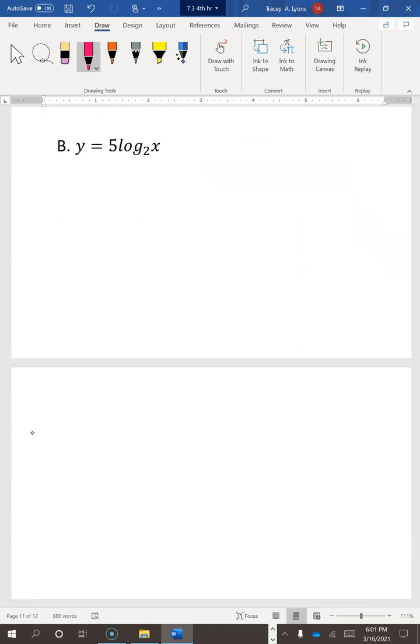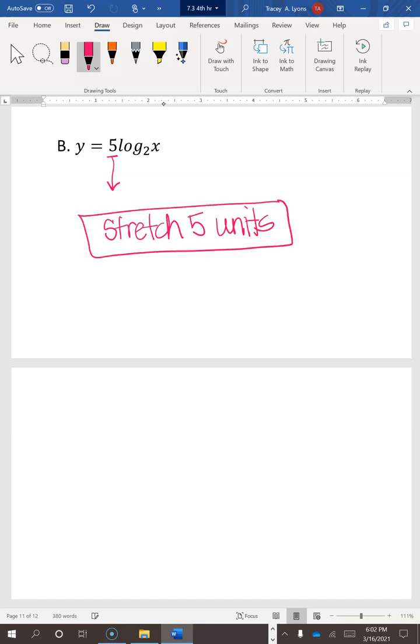Y equals 5 times the log base 2 of x. With this one, there isn't an up down, there isn't a right left. The only number that's ahead of this is this 5, and that means it's going to stretch 5 units. Now, a stretch of 5 actually affects the range only, and the range was all real numbers before.